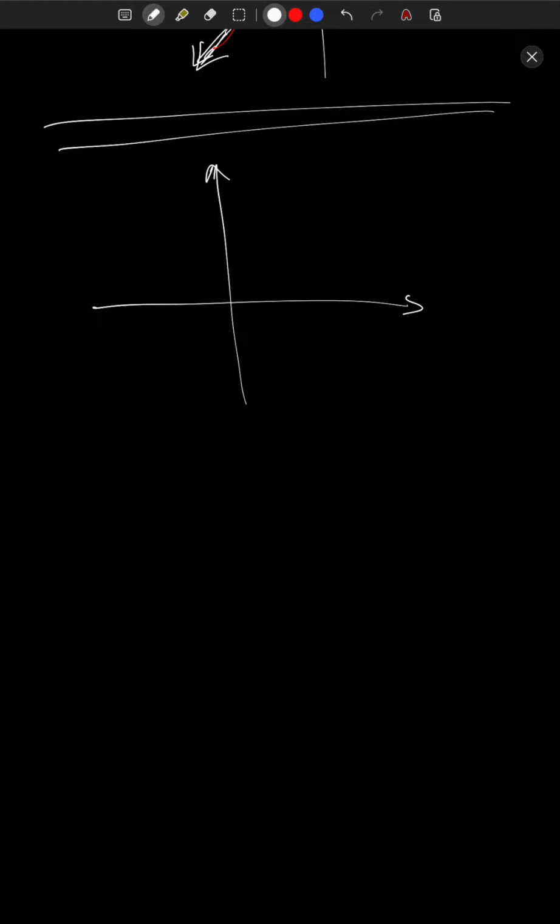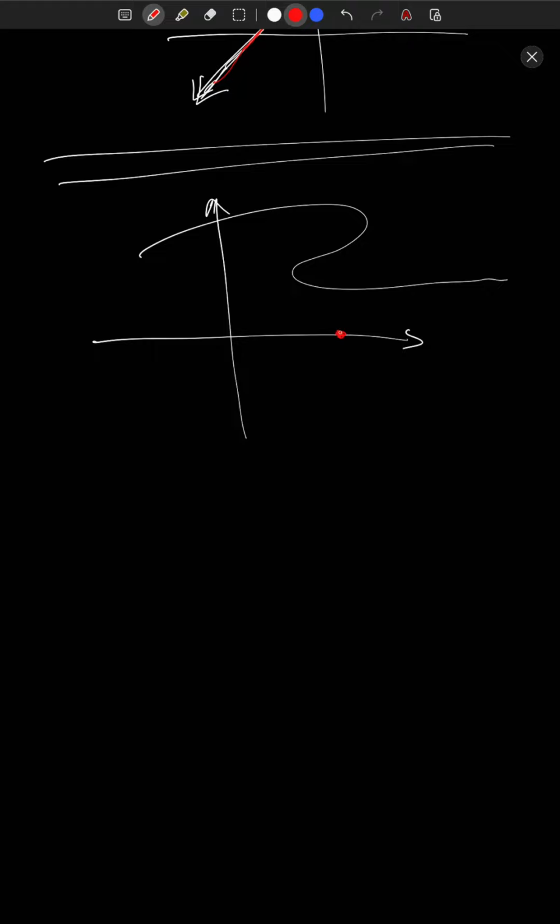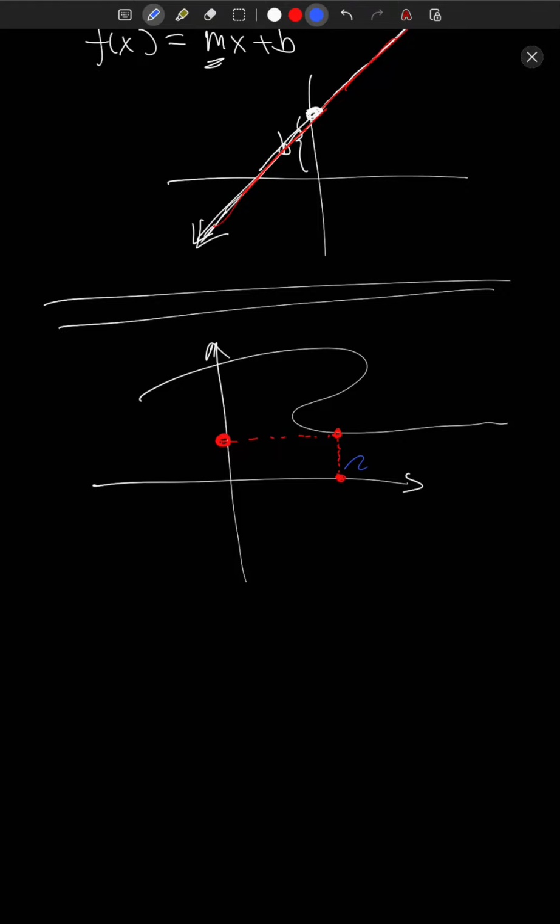So something like this cannot be the graph of a function, because if you try to interpret it that way, then this input there will result in what output? Well, it makes sense to say that this is my output right there, right? But it also makes sense to say that this is my output right there.